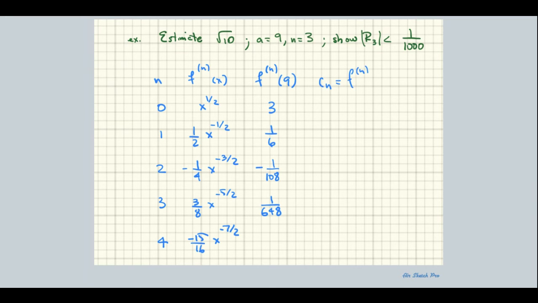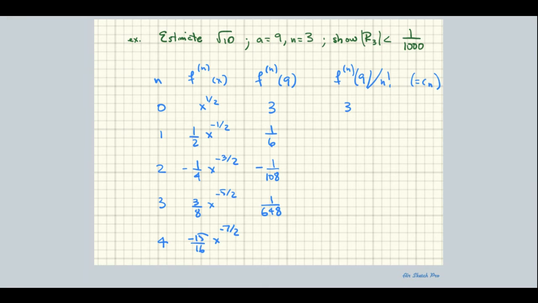The nth derivative at 9 over n factorial, and I might remind you guys that's the nth coefficient, okay? So what's C0, guys? Everybody read C0, just read it off for me. C0, please. 3.